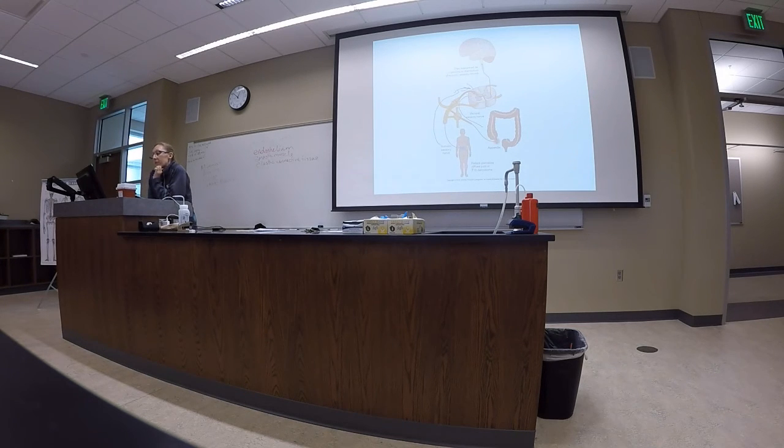So for the example they have here, appendicitis, you can't say, oh, my appendix hurts. You don't do that. When somebody presents with appendicitis, they present with pain in this quadrant of the abdomen. And this is the T10 dermatome.